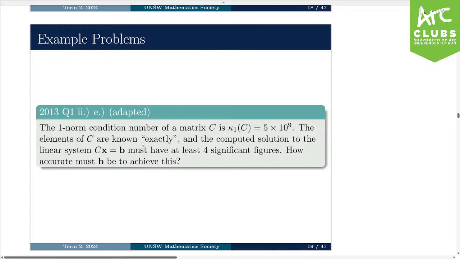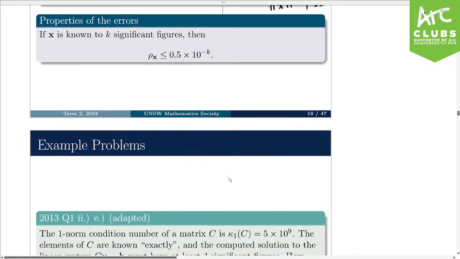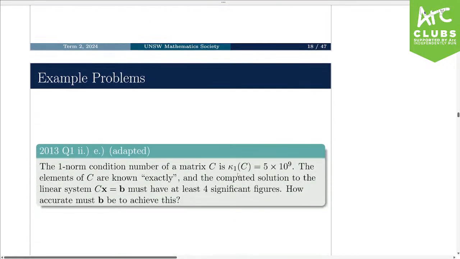Okay, so here we have an example problem from the 2013 paper that wants us to work with this to say something about how precise we need the information of a linear system to be. So this is just part E. In part D, it asks us to find this from some MATLAB outputs.